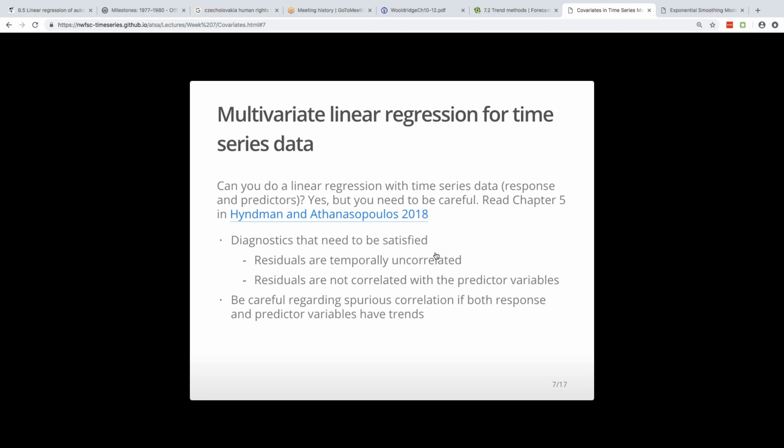It doesn't have to be linear, it's just some temporal trend, and our predictor variable happens to have the same trend. It's possible that maybe the predictor variable is causing that trend in your response variable.